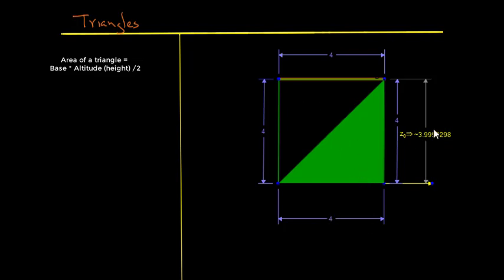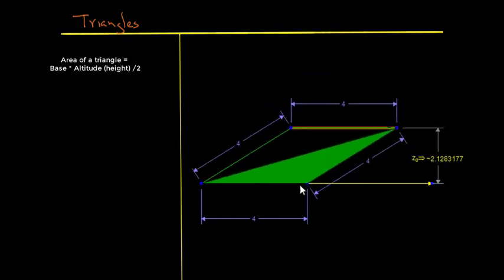So 4 times 4 would be 16. Divide that in half, we would get 8. So we can find the area of a triangle by knowing the base and the height of the triangle and simply dividing by 2. Or if you want to, you can multiply by 0.5. It's the same thing.